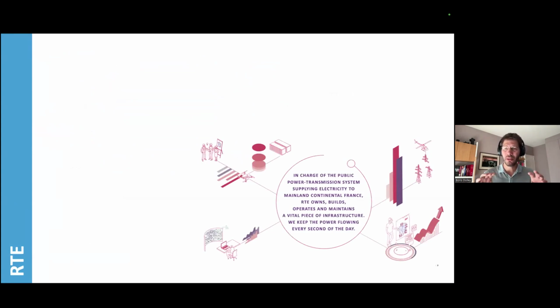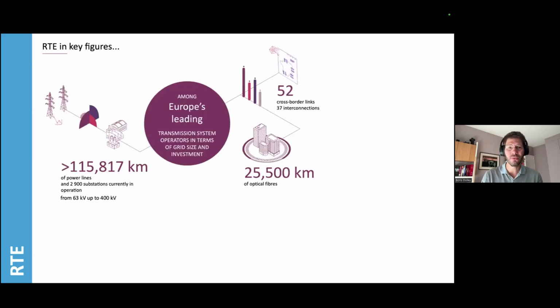So we are in charge of the management of these assets, the maintenance, the building of the new features of the network. And of course, we manage the balance between load and production. And we also offer a place for the market of electricity to happen. So we are on the three stacks of what a TSO is in France.